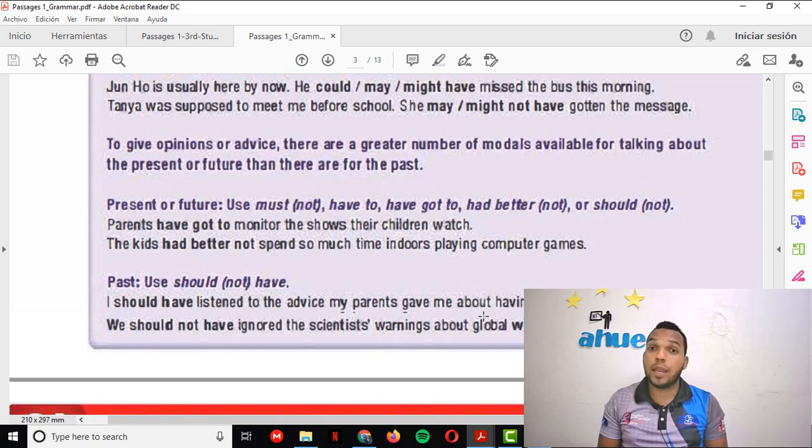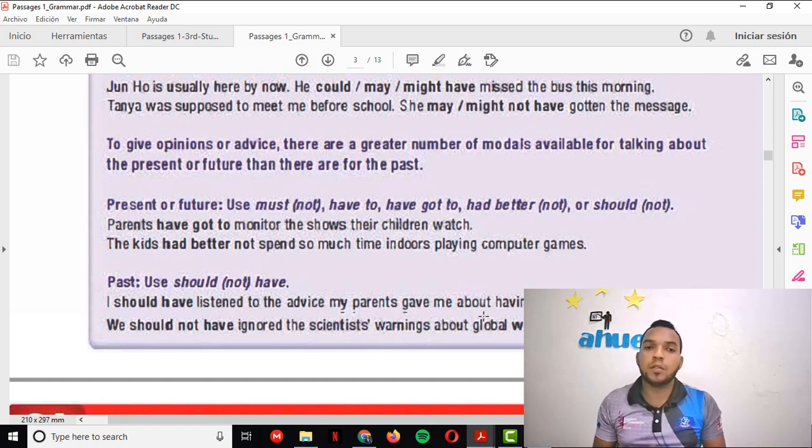That means we ignored it already, and as you can see, we are experiencing all of these situations right now. In the Dominican Republic, before we were used to having a different temperature. Now the temperature is all the time going higher and higher, which is not good at all.